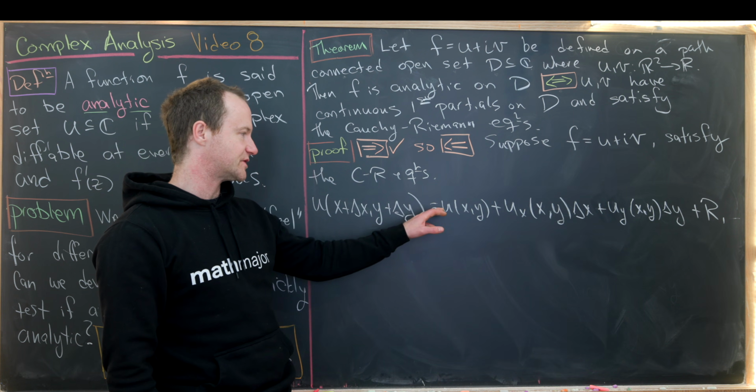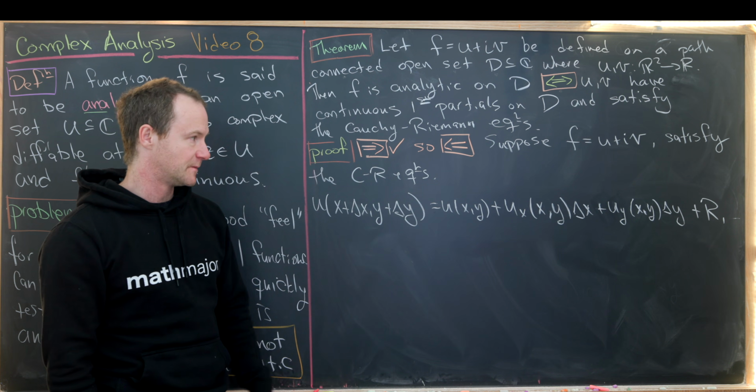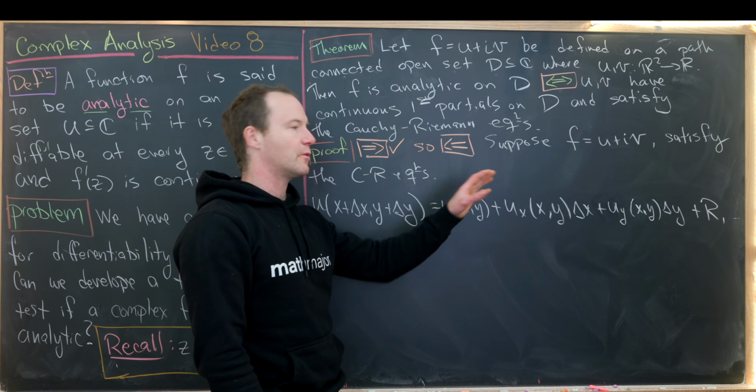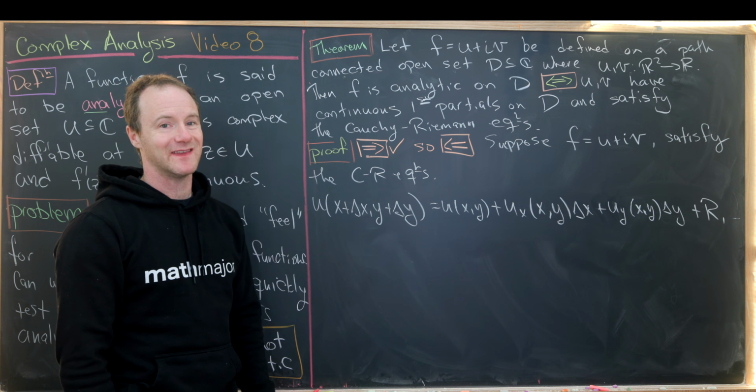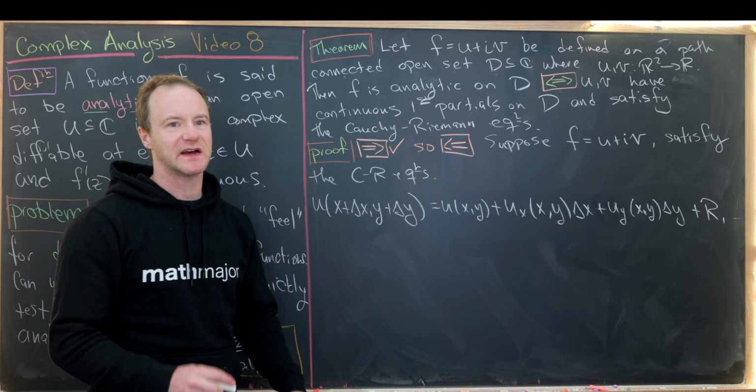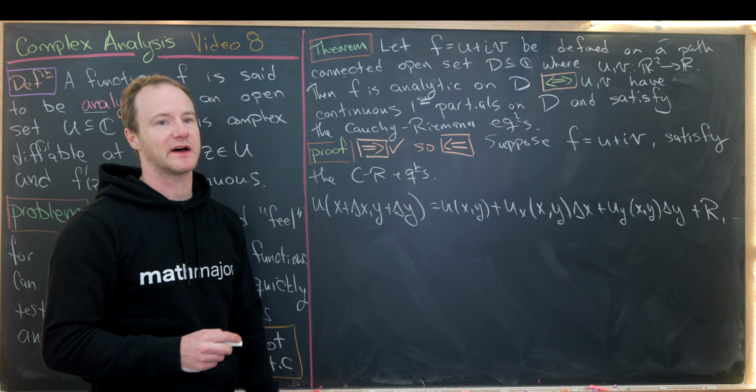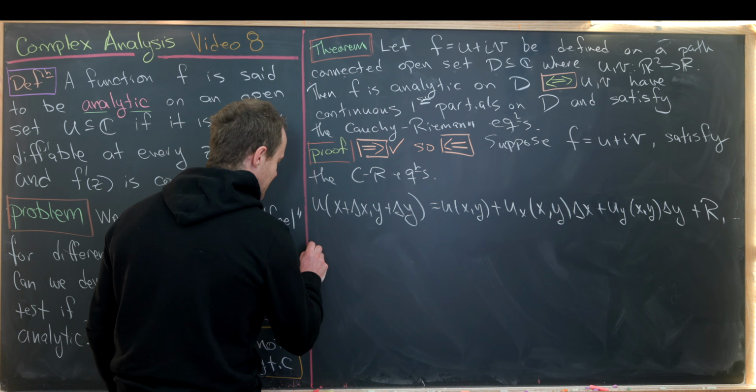A lot of times this is written as an approximate equality without the remainder, but we can include the remainder and get equality, and that remainder satisfies a limit condition, which we'll talk about in a second. Then we can do the same thing for v.